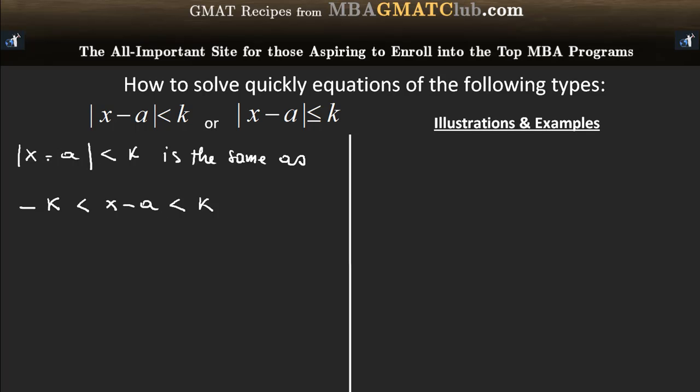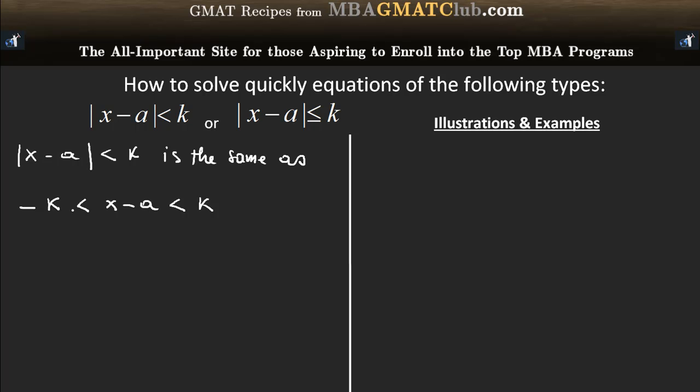Basically, you trap what is inside the absolute value between negative k and k. Obviously, k is a non-negative number. In this particular case, it must be a positive number. K cannot be negative.